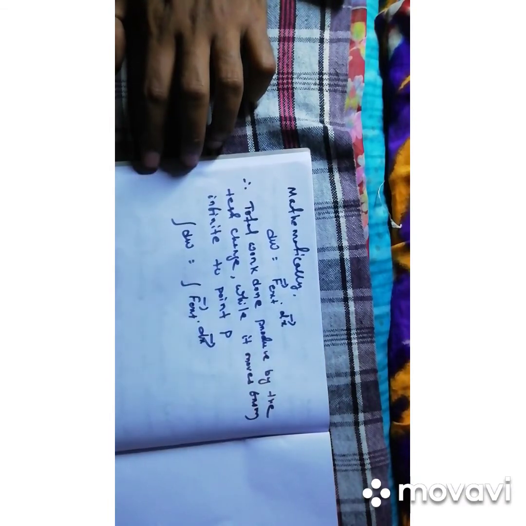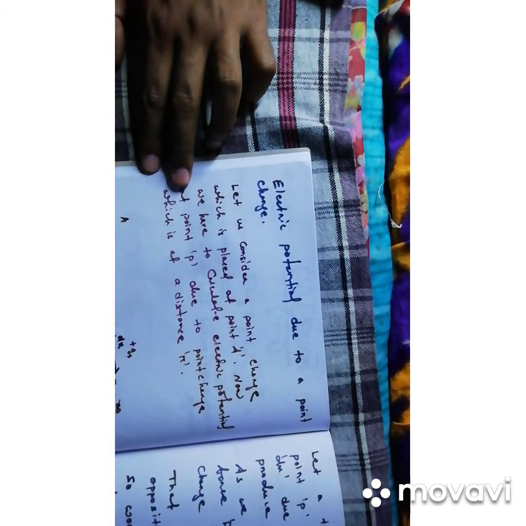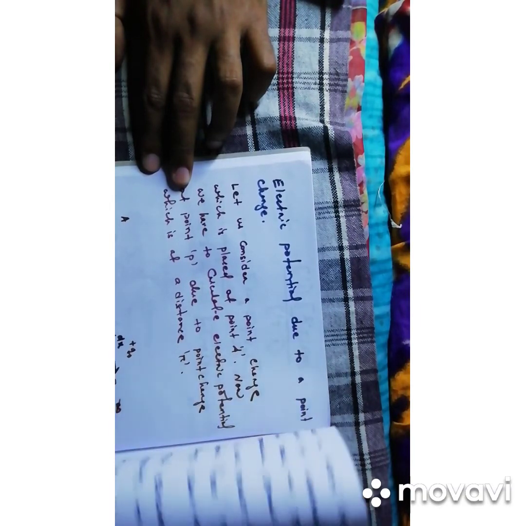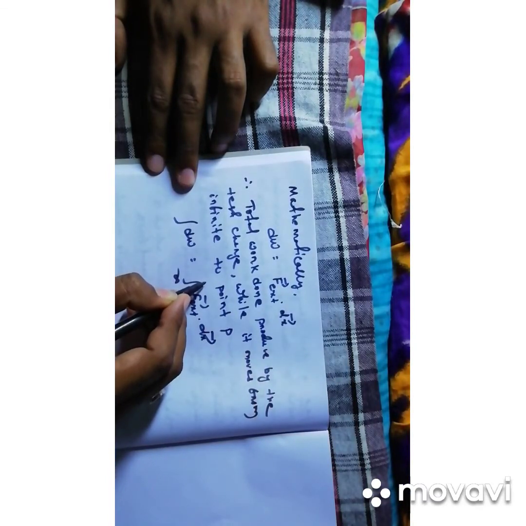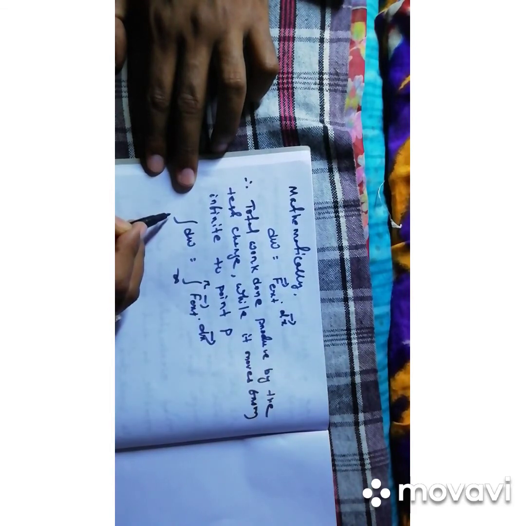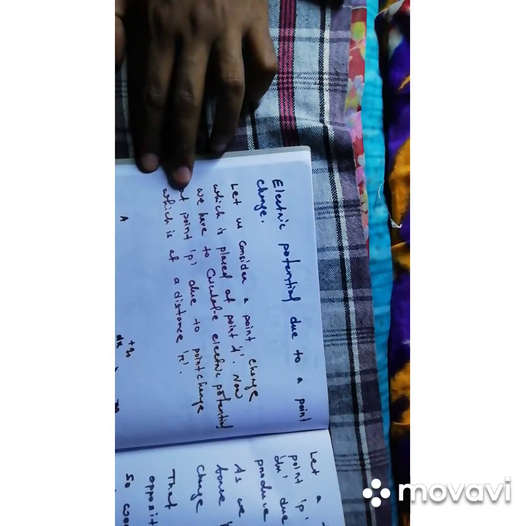Here the limit moves from infinity to point P, which is situated at a distance r from the point A. So the limit moves from infinity to r. At infinity there is no work done, that is zero work done.